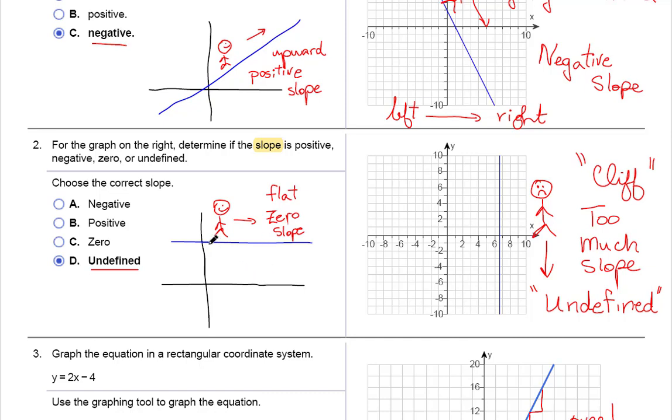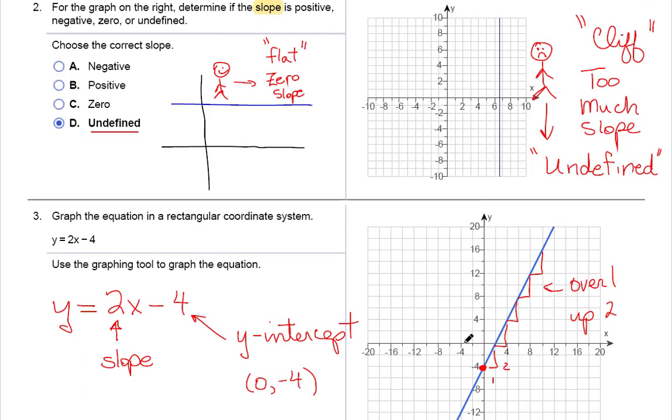On the other hand, if the place we're walking is perfectly flat, flat has a 0 slope. Okay, so we've got positive going upward, negative going downward, 0 if it's flat, and if it's a cliff, then it's an undefined slope.